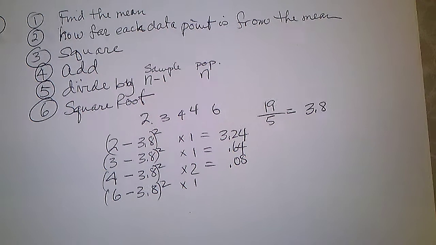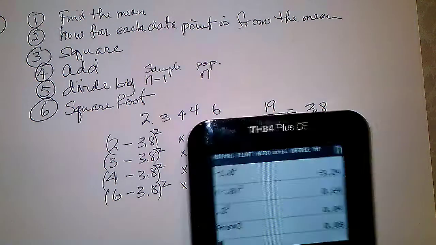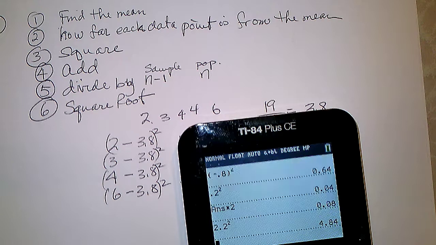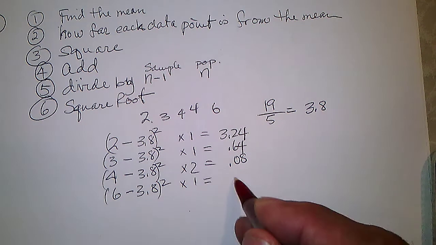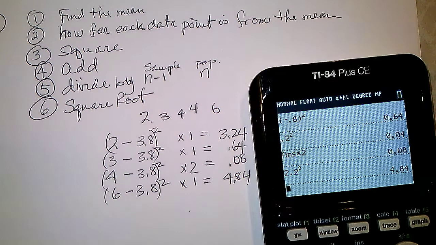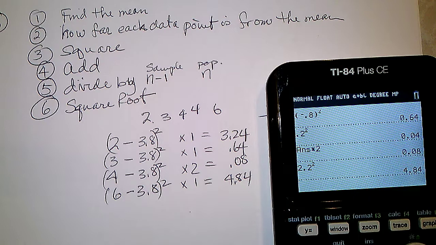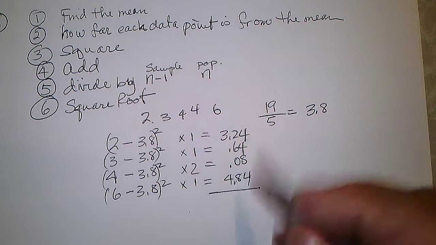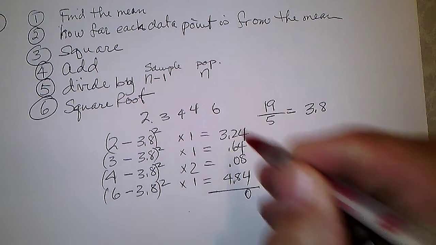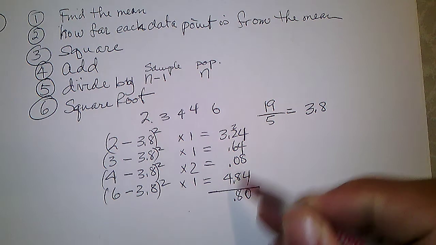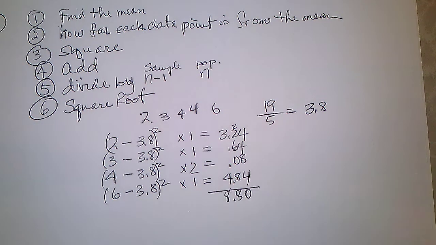And then I have 6 minus 3.8, which is 2.2 squared, and I only have 1 of those, so that's 4.84. So then I add these up. 4 and 4 and 4 is 12, plus 8 is 20, carry the 2. 4 and 6 is 10, 18, carry the 1, 7, 8.